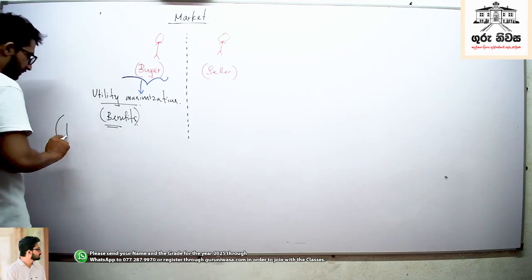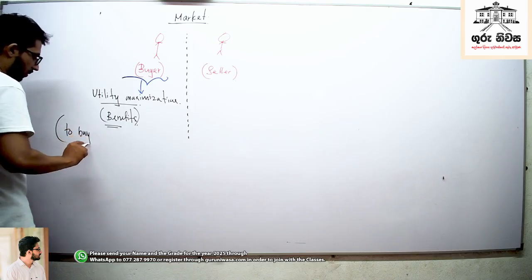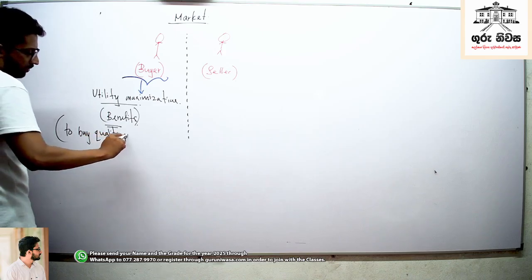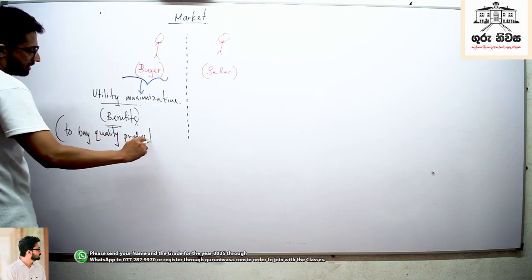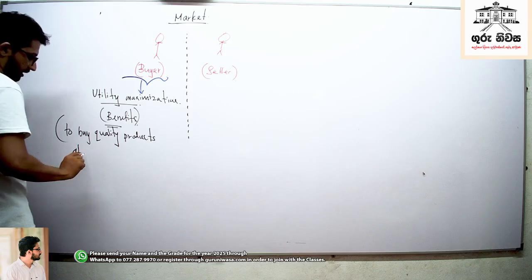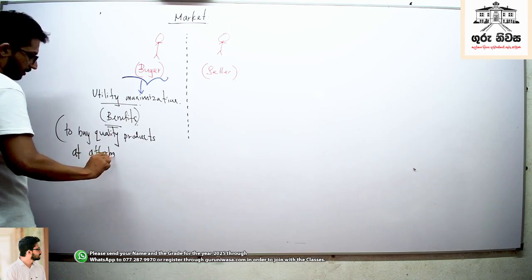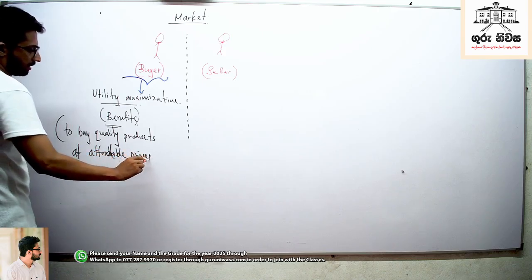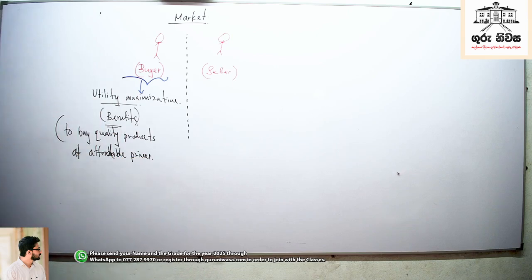In a simple way we can say, to buy quality products at affordable prices. This is the economic term, utility maximization or benefit maximization.